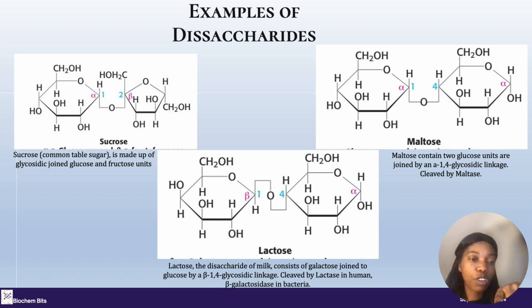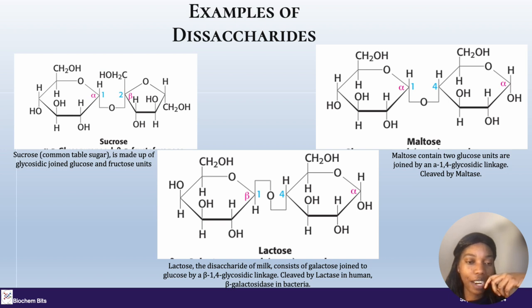There is the formation of the glycosidic linkage between the first and the second carbon, but in this case it's beta, not alpha. So that is why for sucrose we have alpha 1 beta 2 glycosidic linkage.